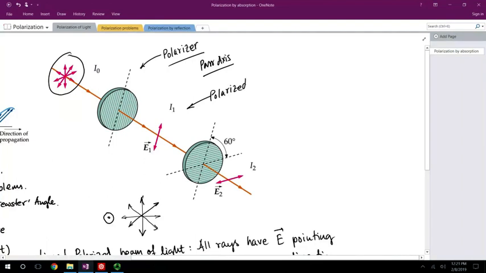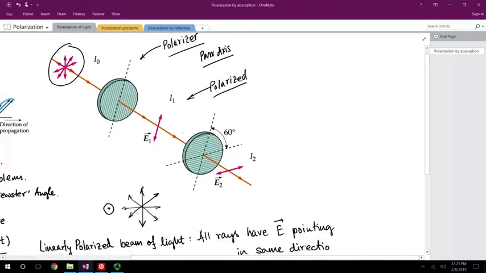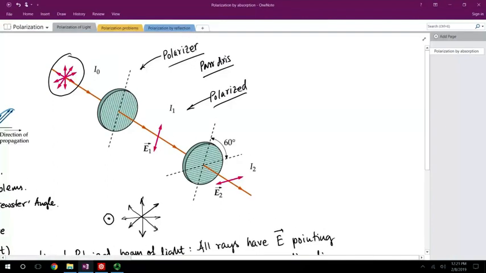How this happens is essentially the polarizer absorbs any ray of light that has electric field not along the pass axis of the polarizer. So that's how the polarizer polarizes light, by taking unpolarized light and giving out polarized light.